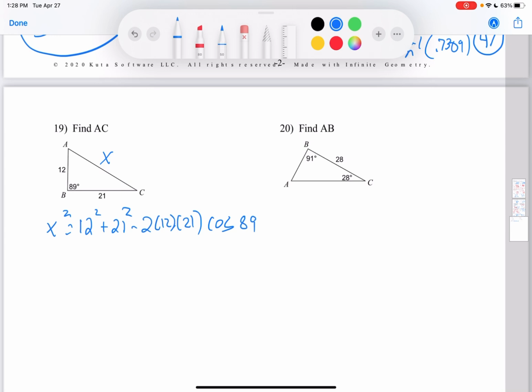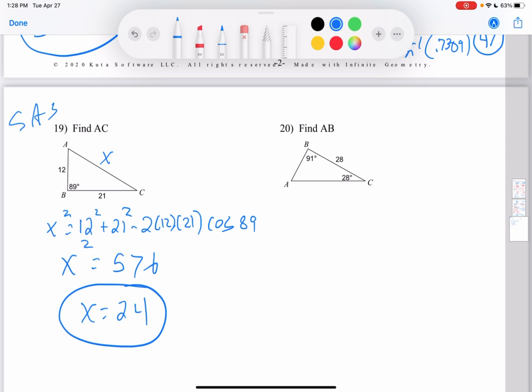Punch that all in your calculator. 12 squared plus 21 squared minus 2 times 12 times 21 times the cosine of 89. You get x squared equals 576. Take the square root of that, and you get x is equal to 24. Again, that was side, angle, side.